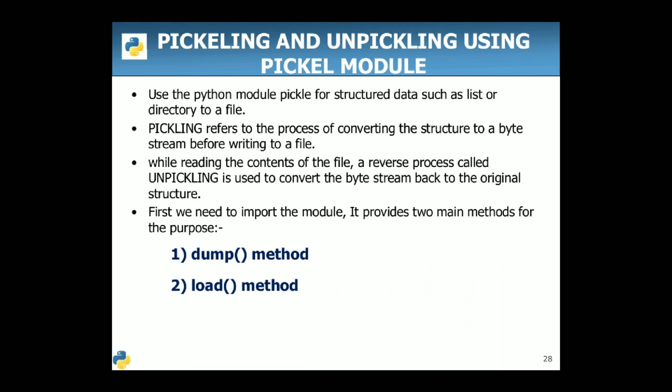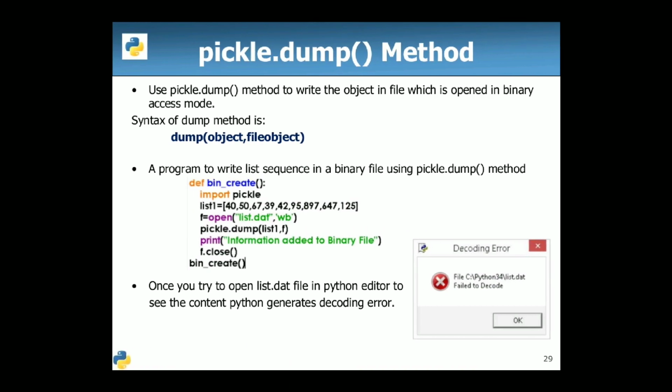So first we need to import the module pickle. It provides two main methods for this purpose. First one is the dump method, second is the load method. So let's see both these functions one by one. Using the pickle.dump method, we can write an object in a file which is opened in binary access mode.